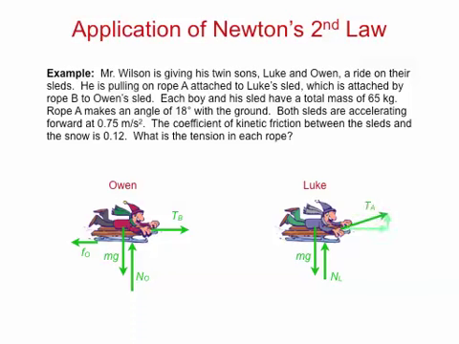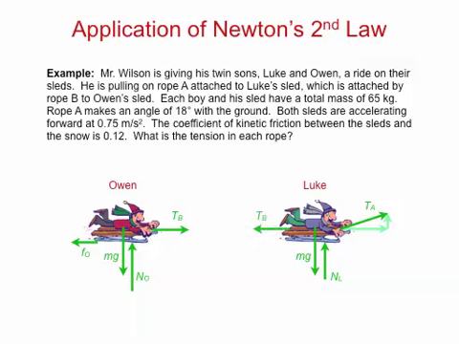The tension in rope A exerts a pulling force to the right and up. Since the rope makes an angle of 18 degrees with the horizontal, so too does the tension force vector. In addition to showing the force vector itself, I've also drawn in the horizontal and vertical components, which we'll need shortly.